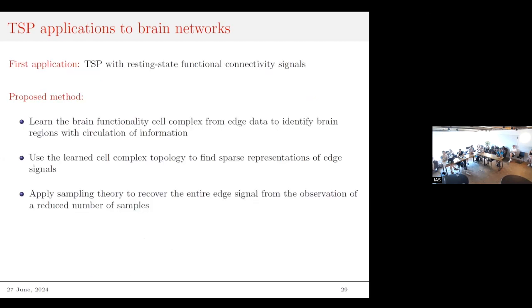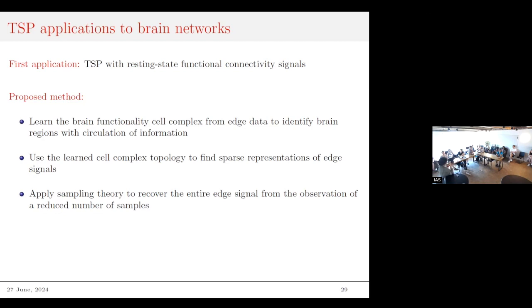Well, the first application is on resting state functional connectivity signal. The method that we propose is to learn first the brain functionality cell complex from edge signals, from edge data, in order to identify some brain regions where there is circulation of the information.